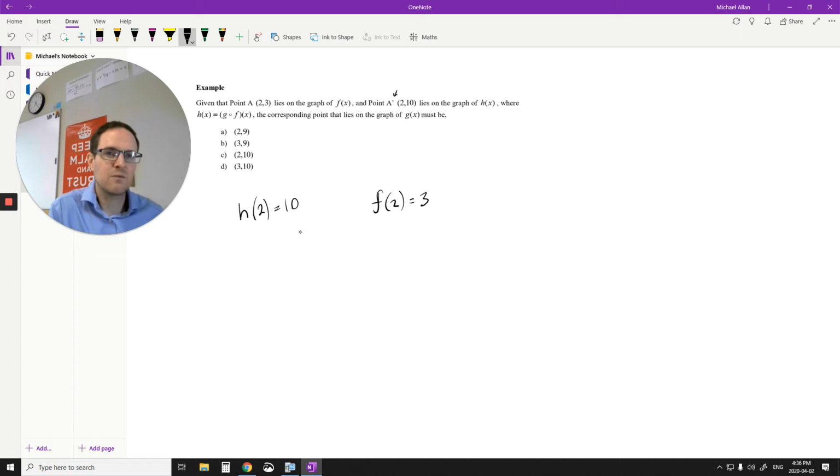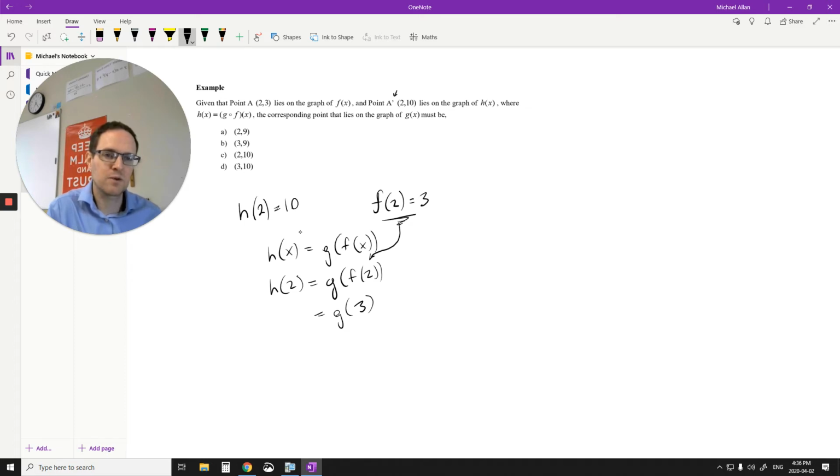So let's look at what we have here for my equation. So it says here, g of f of x. Okay, so if I put a 2 in here, that means I'm also putting a 2 over here. So that means I know that if I put a 3 in here, so that's what's going to happen, this f of 2 becomes a 3.